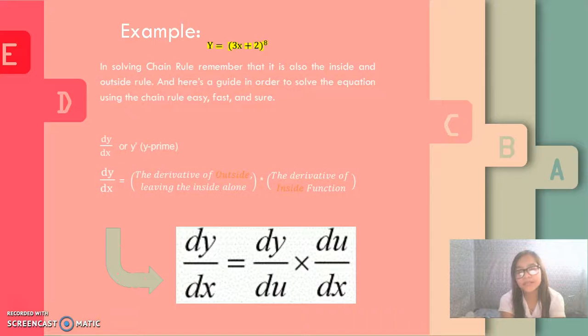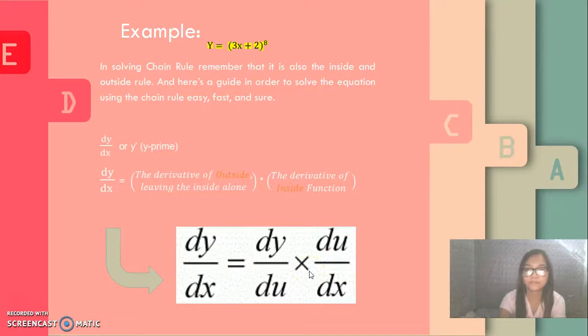Just like what I said earlier, in the chain rule we are chaining or linking the derivatives of both inside and outside by multiplying the inside and the outside function. So we have here dy over dx, or y prime, is equal to dy over du, which is our outside function, multiplied by du over dx, which is our inside function.